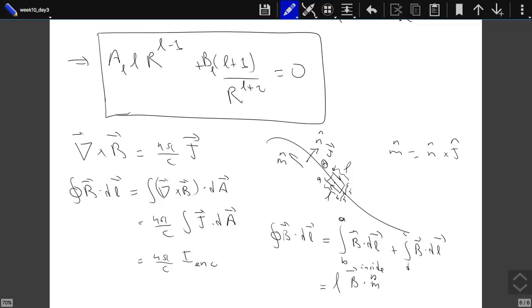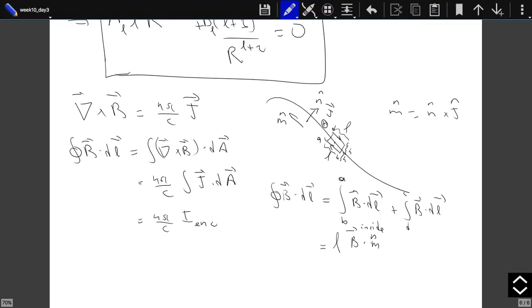Well, the inside and outside are defined by my choice of the normal vector. Remember, the choice of the normal vector defines what you mean by the inside and what you mean by the outside. N vector points from inside to outside. Plus L times B outside dot minus M.